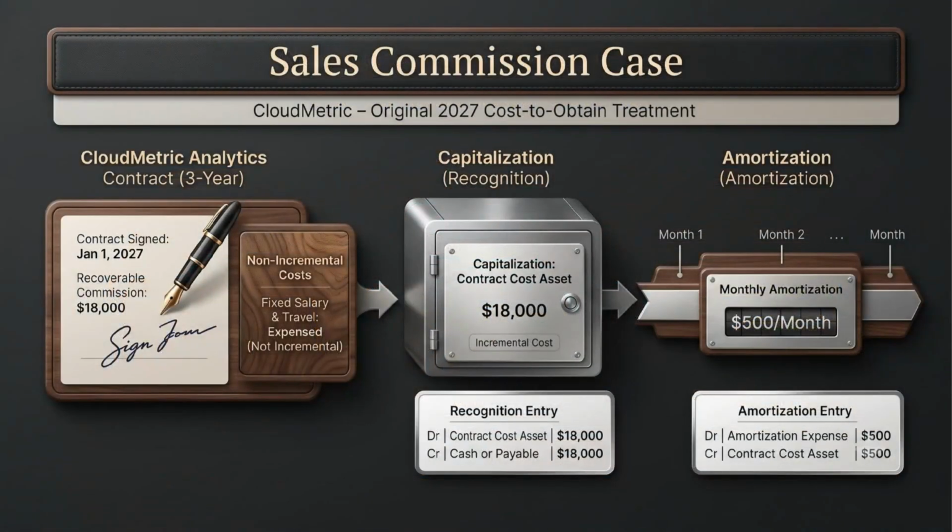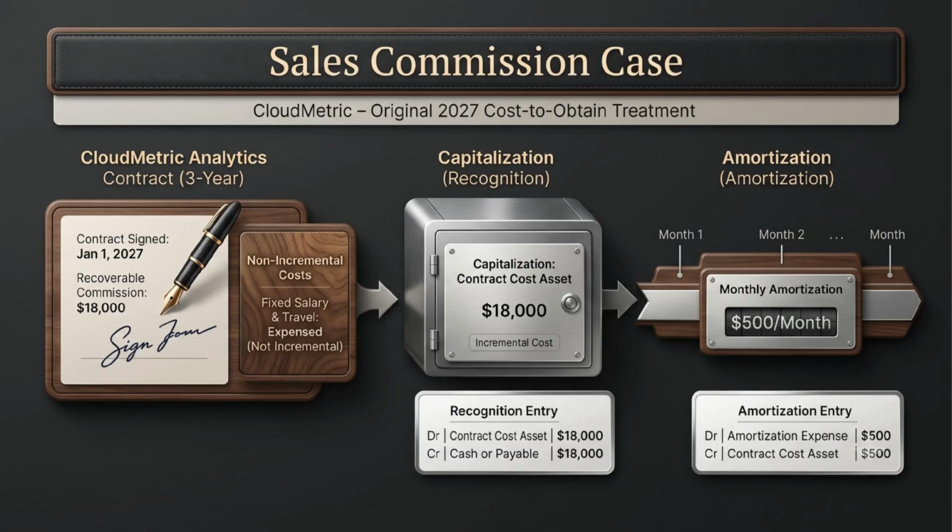The CloudMetric case makes the treatment clear. On January 1st, 2027, CloudMetric signs a 3-year analytics services contract and pays a recoverable sales commission of $18,000. The commission is payable only because the contract was obtained. So CloudMetric records debit contract cost asset $18,000 and credit cash or payable $18,000.